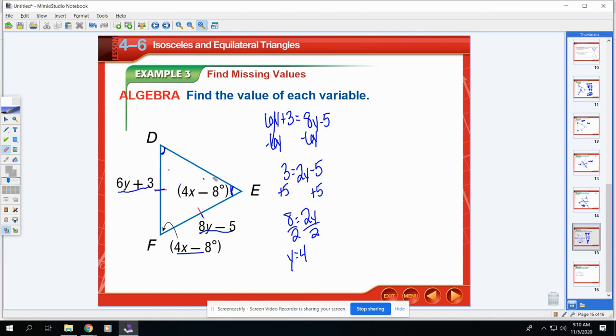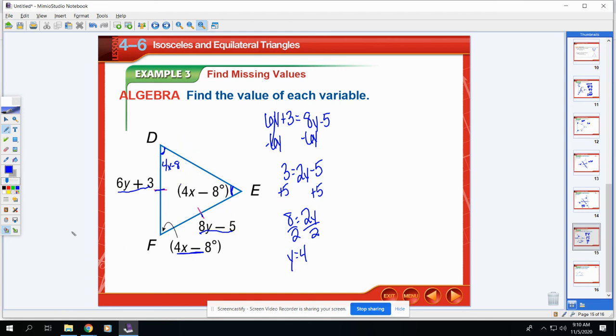Okay, so if we know here that these two angles are congruent, angle D, angle E, and angle E is 4x minus 8, that means angle D would also have to be 4x minus 8, right? They also give us angle F and tell us that that is 4x minus 8. So all three angles here are 4x minus 8.